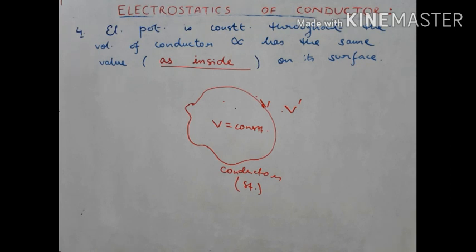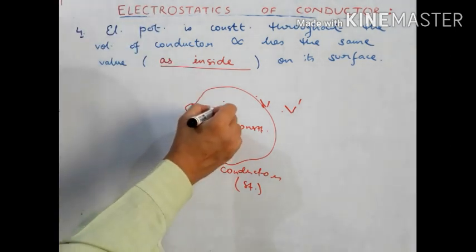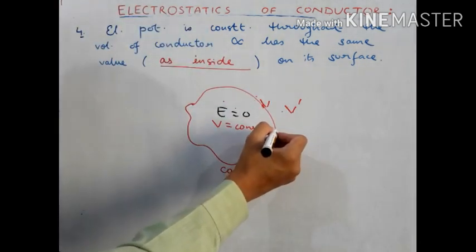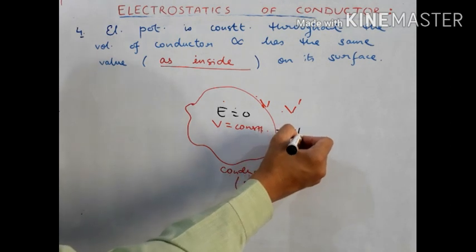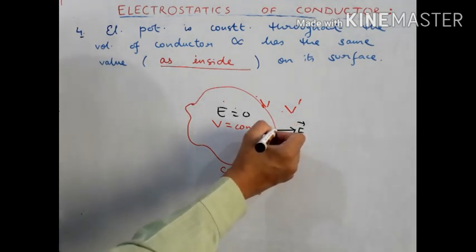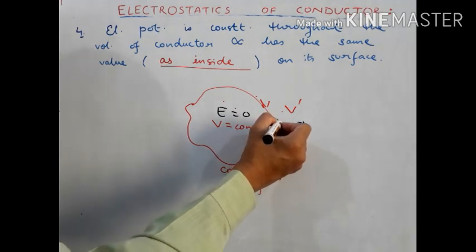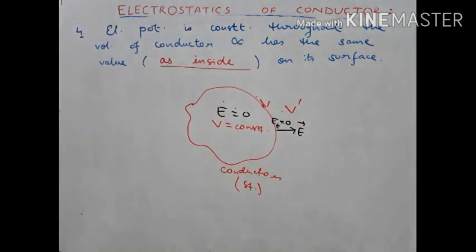Again we will prove it using our first property for the electrostatics of conductor. What did it state? It stated that the electric field inside the conductor is how much? 0, property number 1. And the second property, that electric field on the surface of the conductor is always normal to the surface of the conductor. That means there is no tangential component. Tangential component, if I write as E_T, E_T will be how much? 0.